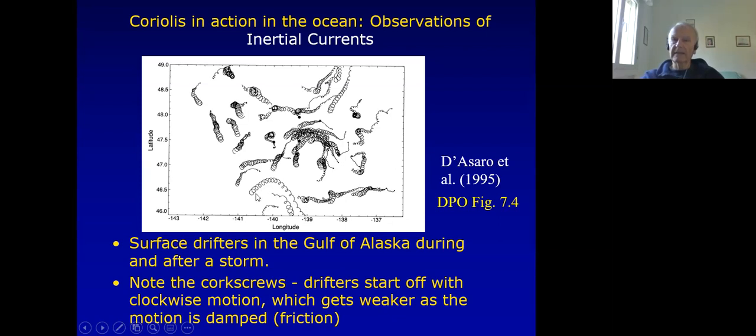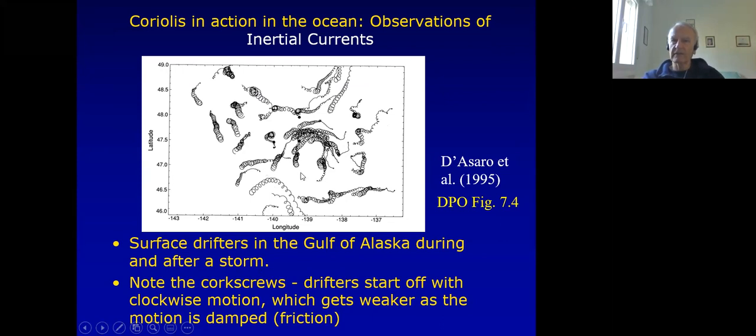The other thing is the period of these oscillations, the period of these clockwise rotations. All these wiggles are from different drifters. So the people put out a number of drifters and simply analyzed their motions, and this is the result.